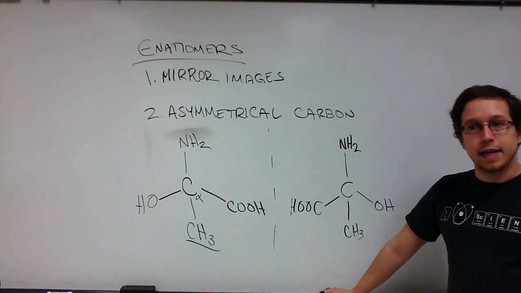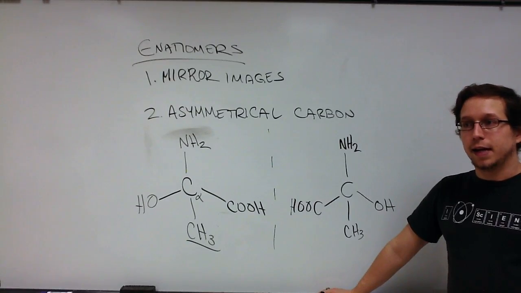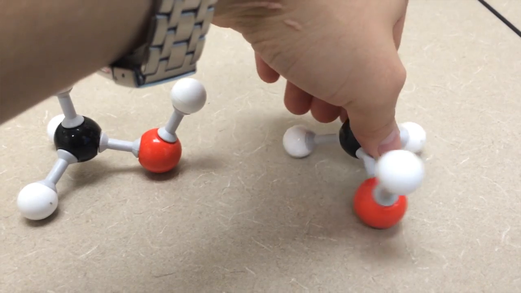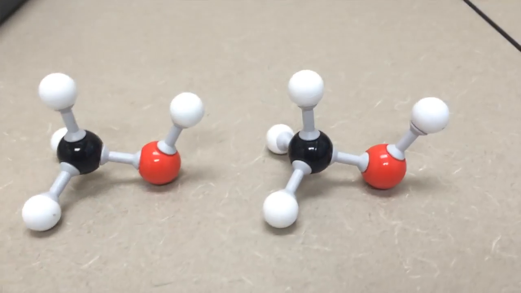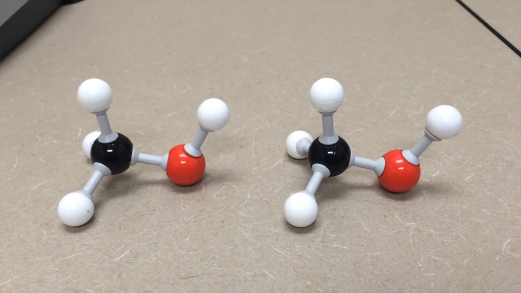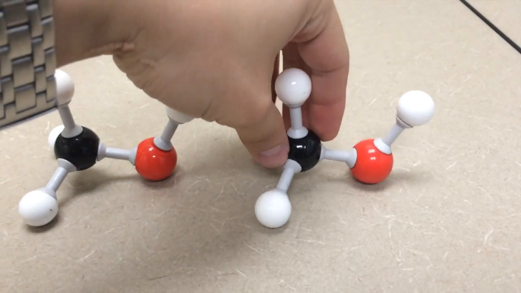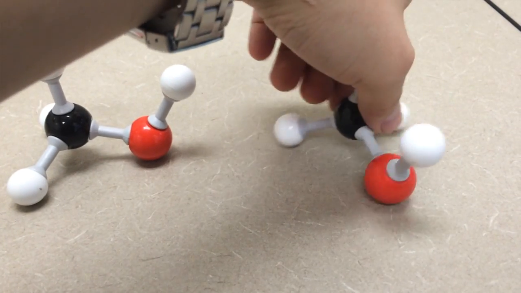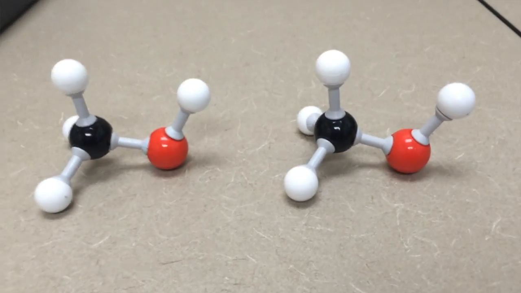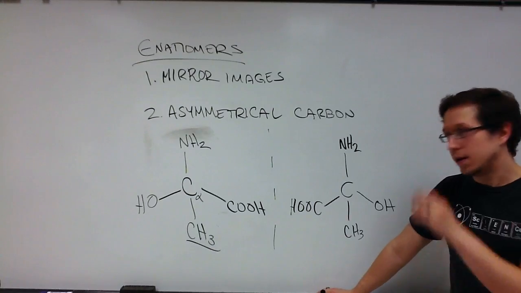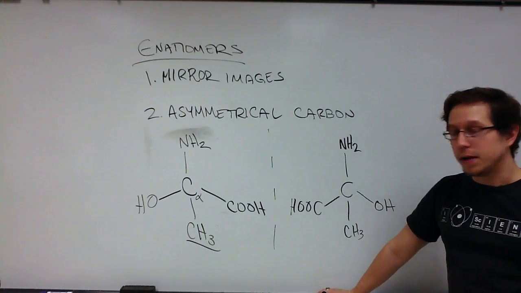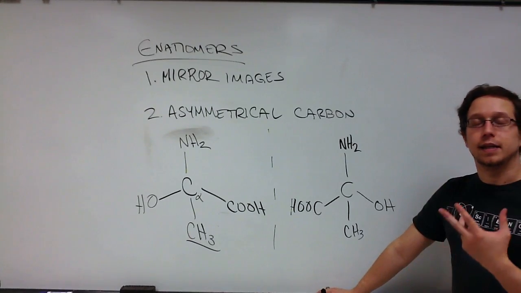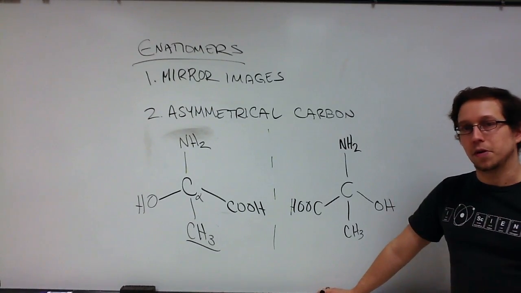And what you could see in the video is even though it started in an orientation that made it look like a mirror image to the other molecule, when I turned it, ultimately I could orient it in a way where it didn't just look like the other molecule, it was seen that it was the exact same molecule. So if we don't have an asymmetrical carbon, eventually we can get that molecule to orient in a way where it looks and is the exact same molecule.